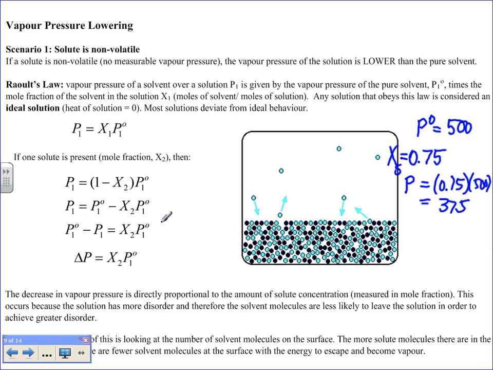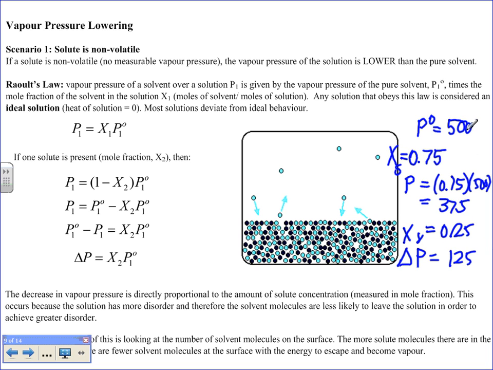And if I rearrange this and you follow the rearrangement, you can see that the change in vapor pressure, or the vapor pressure lowering, is actually equal to the mole fraction of the solute times the vapor pressure of the pure solvent. So if we use our example of 0.25, you can see that delta P is 0.25 times 500, which is actually equal to 125.